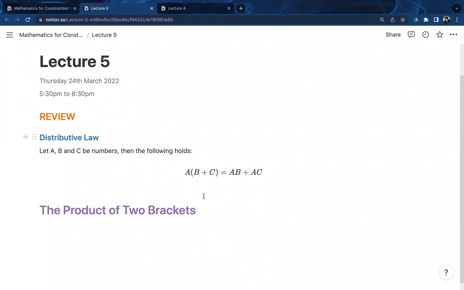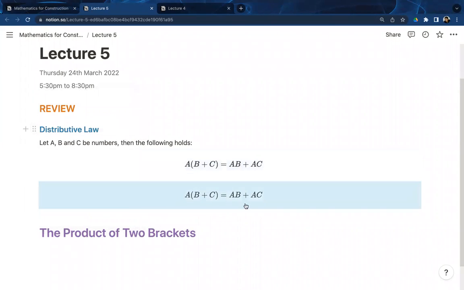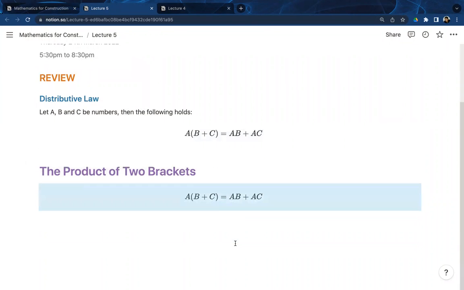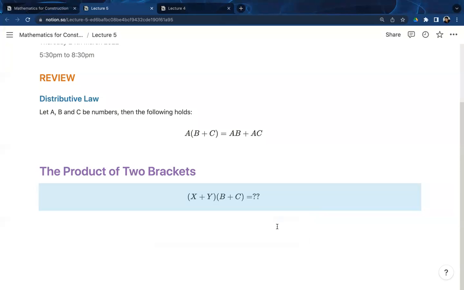Now we could extend this idea to the product of 2 brackets. So what if I have, say, x plus y being multiplied by b plus c?